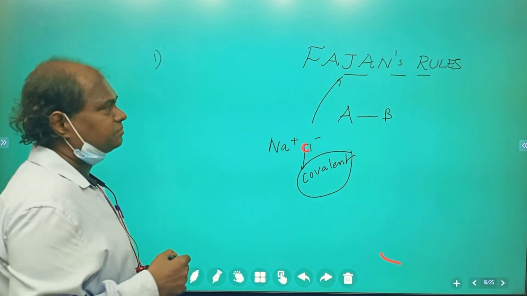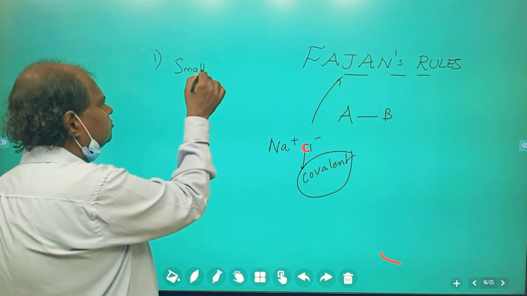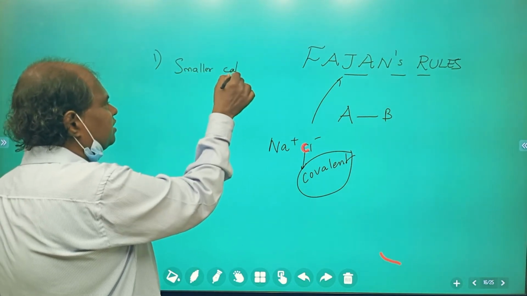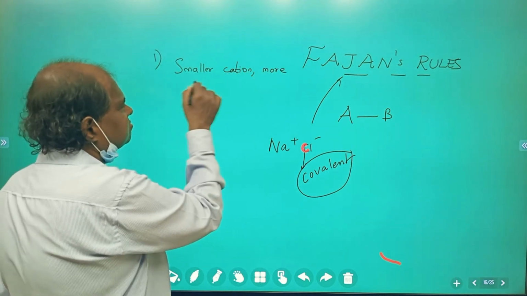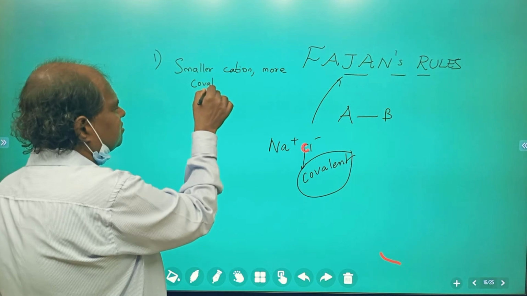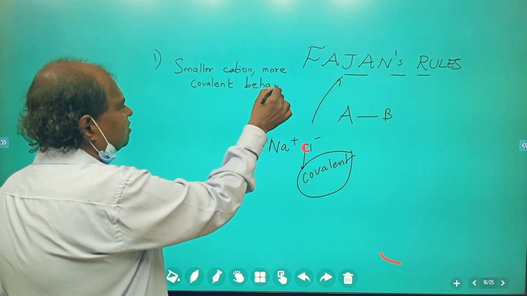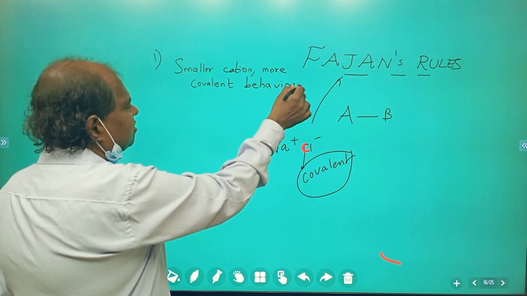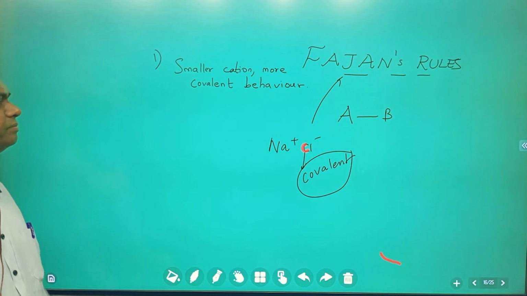The first rule is: smaller the cation, more is the covalent behavior. If the cation is very small, there is more covalent behavior.